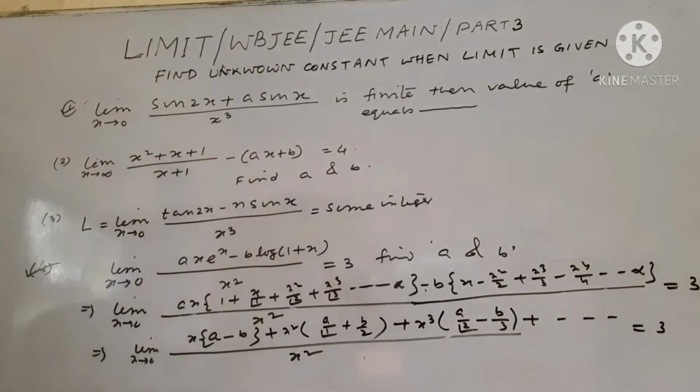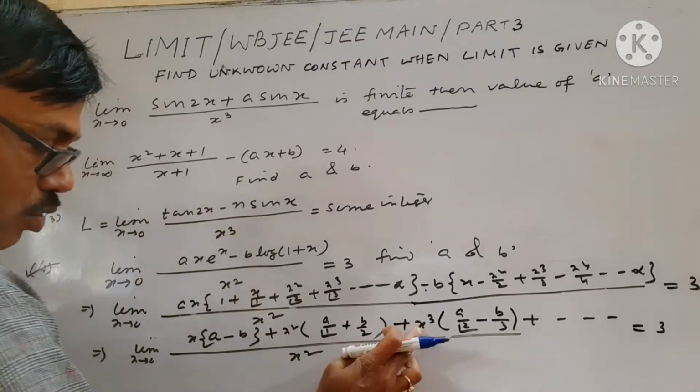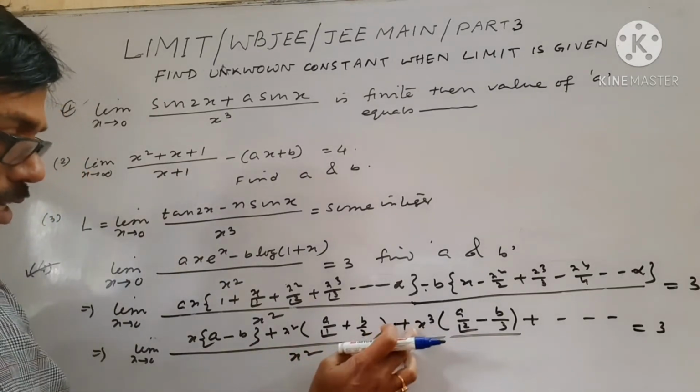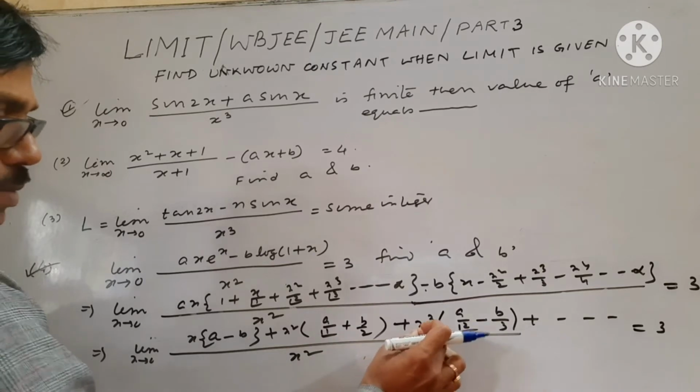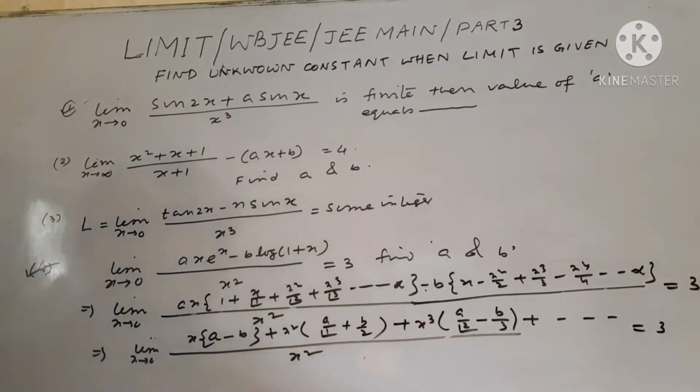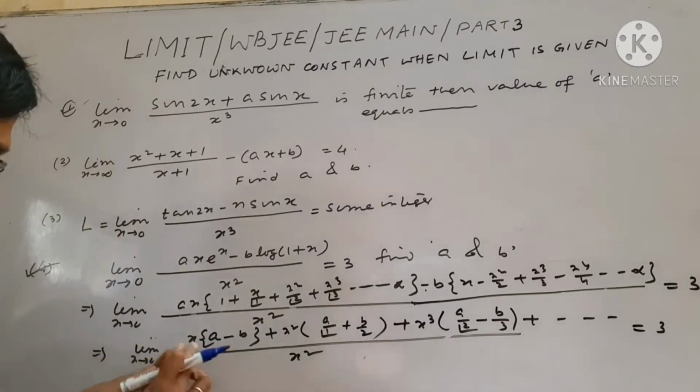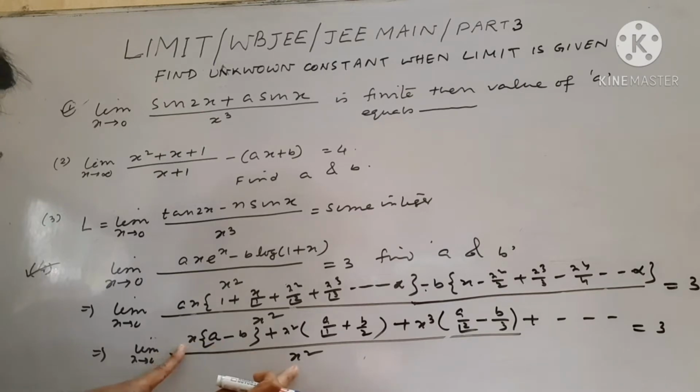Now look, the x cube part, with power greater than x square, goes to 0. Now look, the value of the limit is finite. So there is an x by x square term, which is undefined.